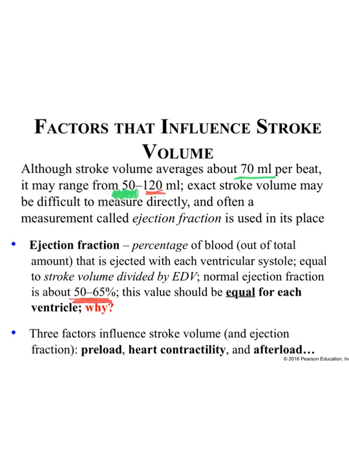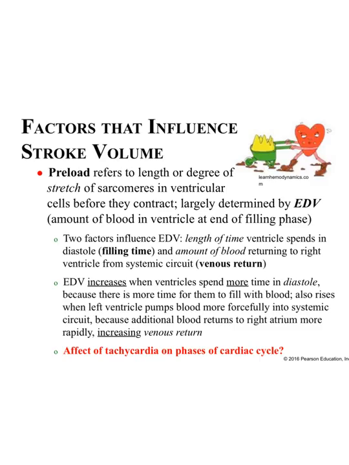There are 3 different factors we can look at that can actually affect our stroke volume. Okay, so first of all, preload. This refers to the amount of stretch that's occurring in the cardiac muscles before they contract.